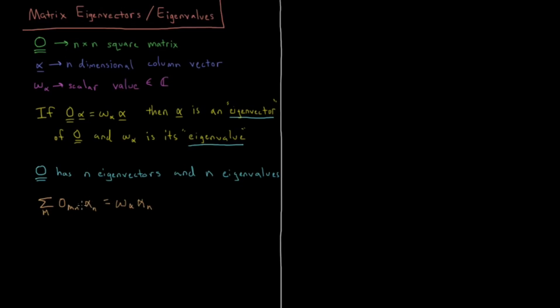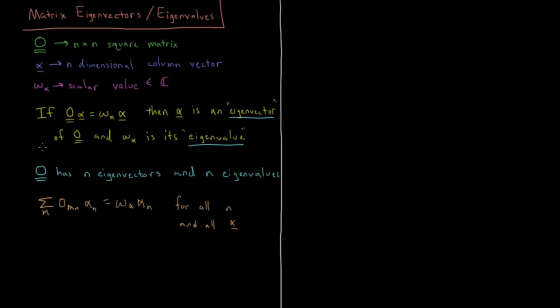So that's just the definition of matrix vector multiplication in this case, and matrix and vector scalar multiplication. So this is true for all n and all alpha. So this is true for all alpha eigenvectors, true for all n of them.